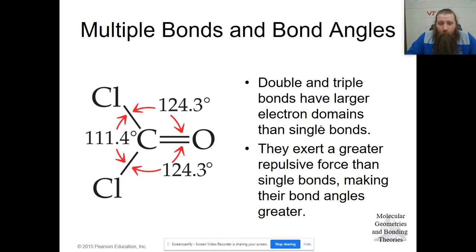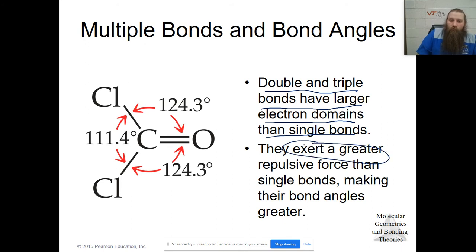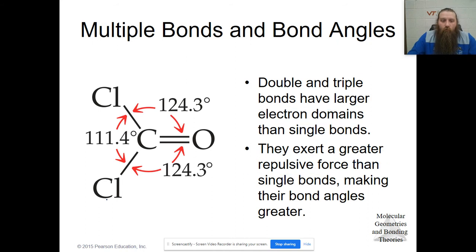Now, if you have multiple bonds and you want to look at the bond angles, then you have to think about it in terms of electron density. So double and triple bonds have larger electron domains than single bonds. They have more electrons in them, right? So greater electron density means they're going to exert a greater repulsive force, so the angles become greater.